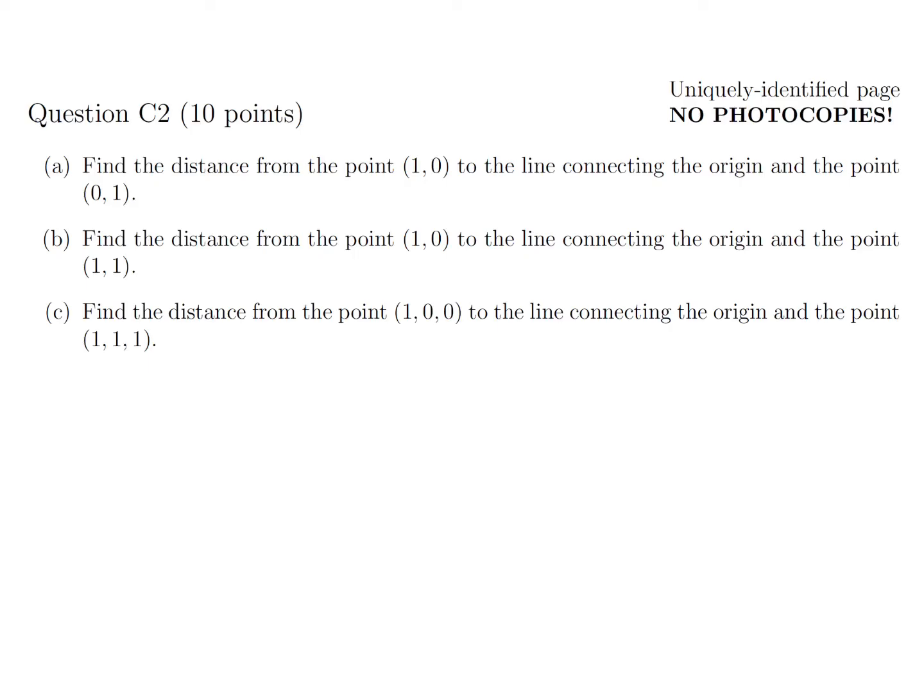And I think a little bit better way of explaining it would be as follows. So if we have this point (1, 0), right? And then we have the point (1, 1), which is right there. So if you draw a line between them, the distance is going to be perpendicular, right? And that point is (x, y), but it's actually (x, x). Why? Because that line is y equals x, and you can easily figure out the equation of that line.